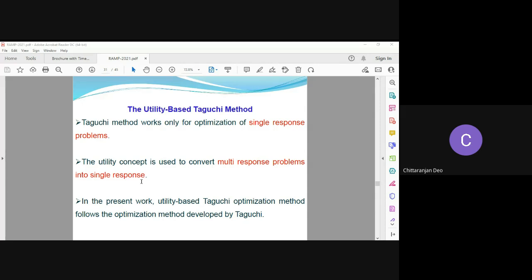In the present work, the utility-based Taguchi optimization method follows the optimization method developed by Taguchi. By this utility method, we convert all the responses to a combined single response, and then we apply Taguchi to optimize that.